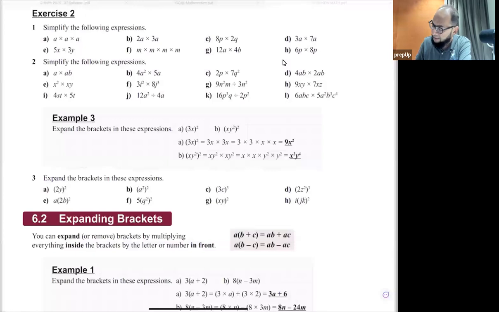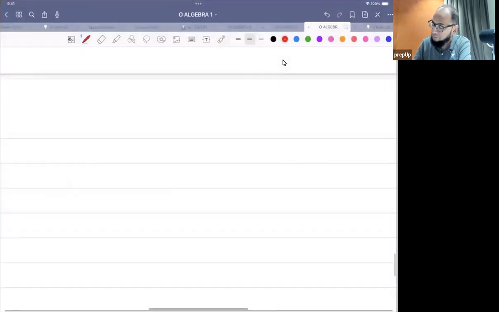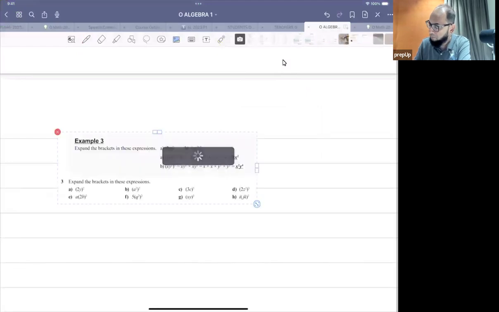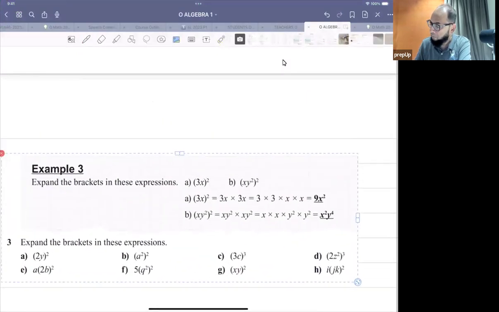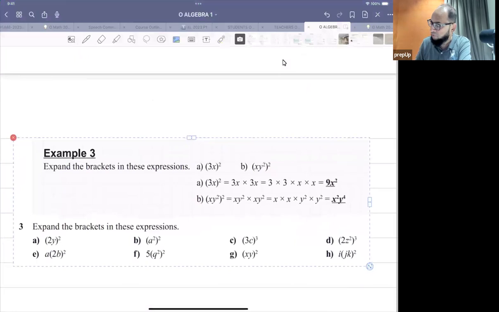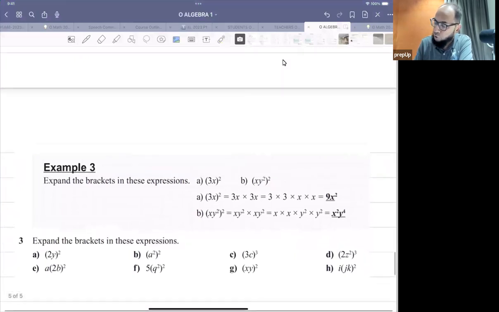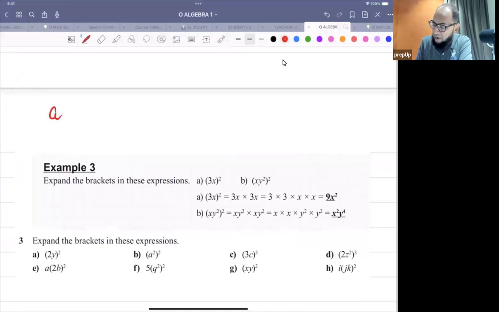So again, it's about the concept of indices. So what are the rules of indices? We have a power m into a power n, the powers add up. A power m divided by a power n, that is a power m minus n.